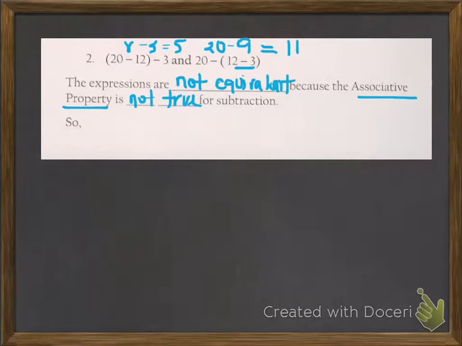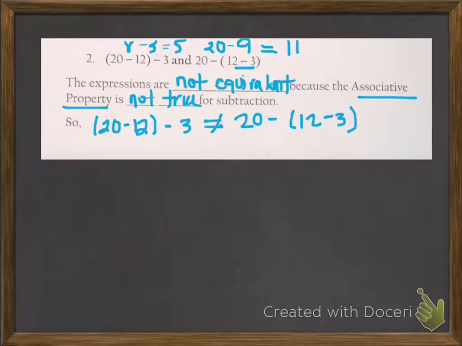And here we are learning that associative does not work for subtraction. So we would write our expressions. 20 minus 12 minus 3 is not equal to 20 minus parentheses 12 minus 3. Let's practice this again.